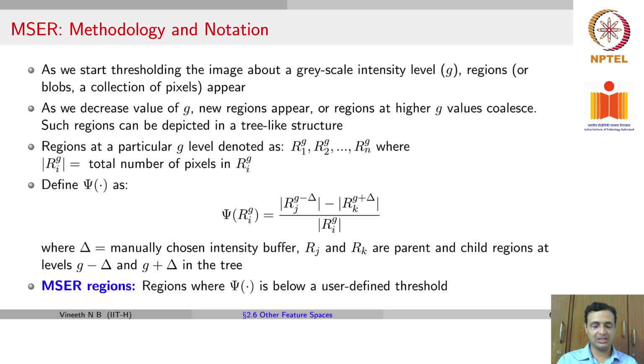So now what do you do with this? Let regions at a particular G level be denoted as R1G to RnG. Let's say there are n regions, each corresponding to one particular threshold G, where the cardinality of Rij denotes the total number of pixels in one of those regions Rij.